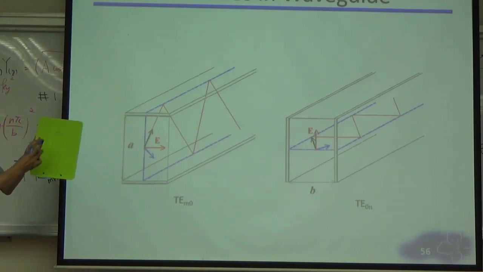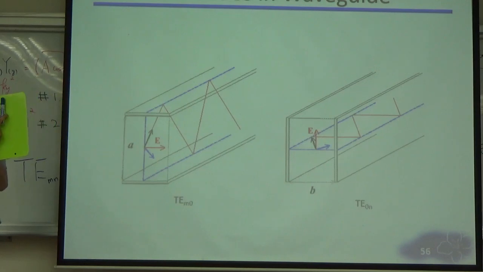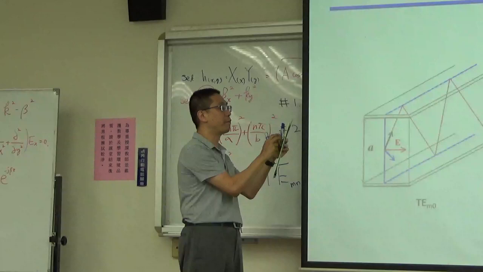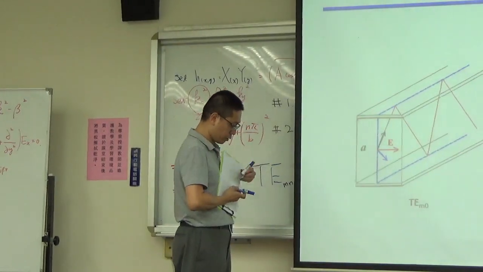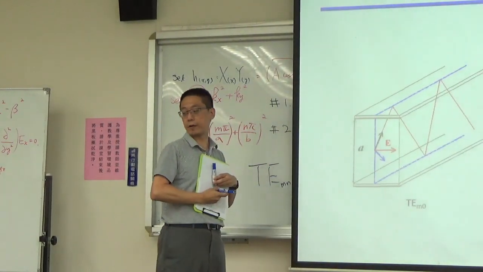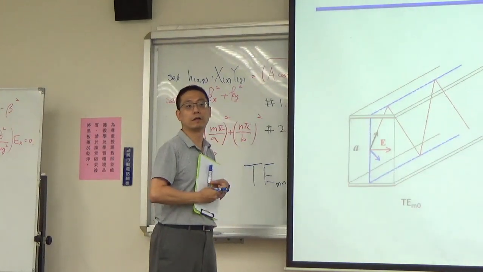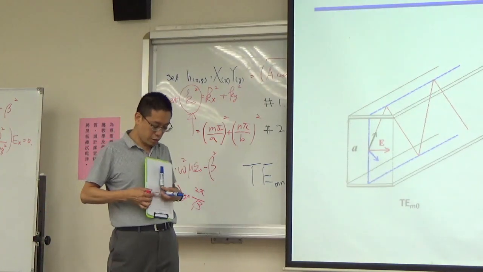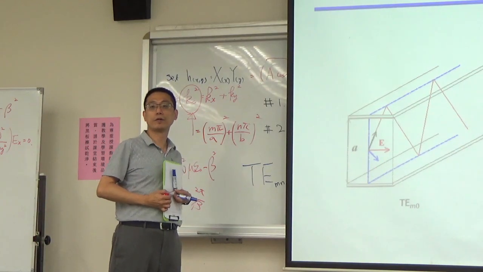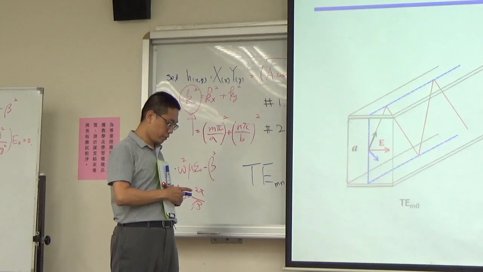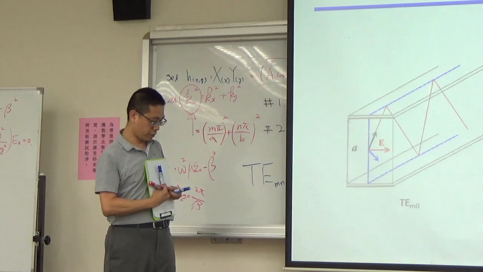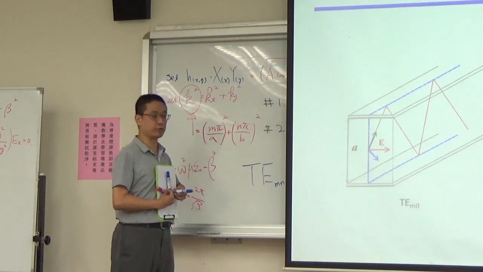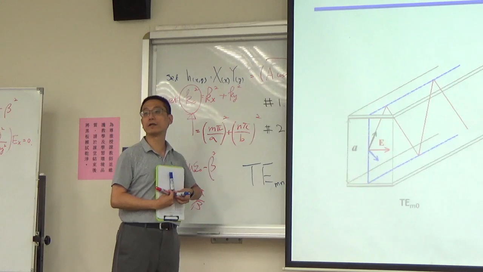You have not only the component on the plane, but also a component in the direction you propagate. This is your E, and this is your H. You have not only the vector on the plane, but also a vector in the direction you propagate.